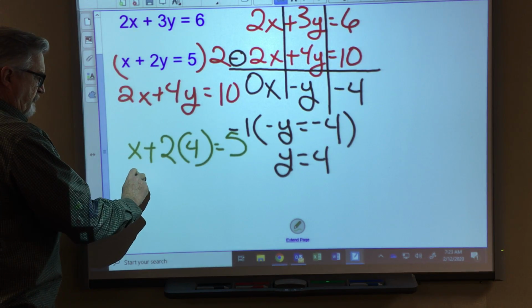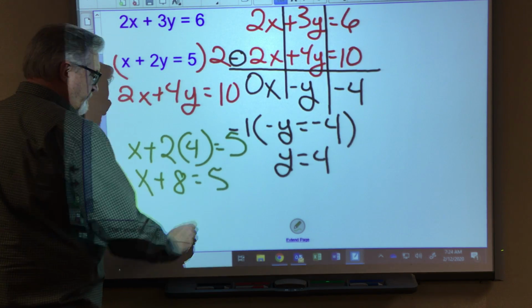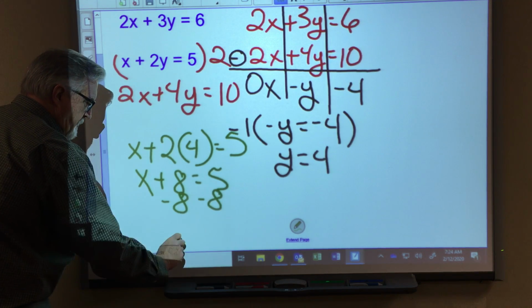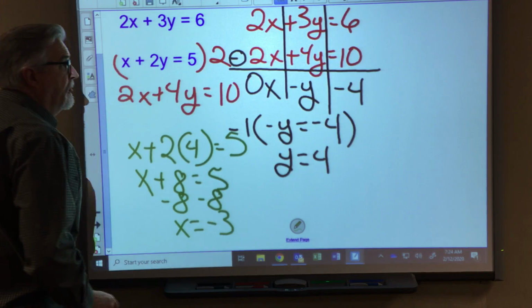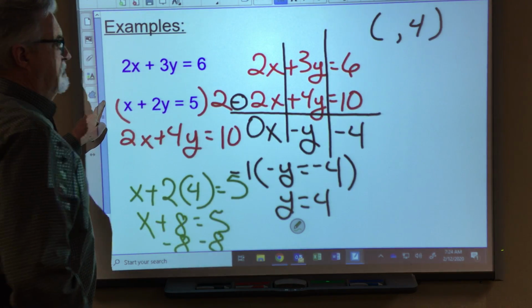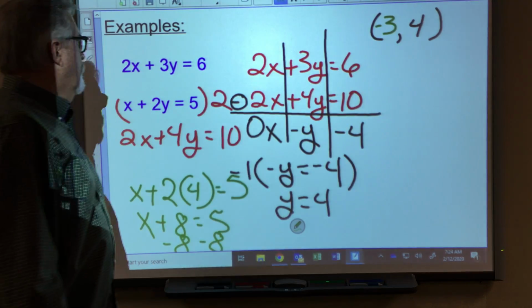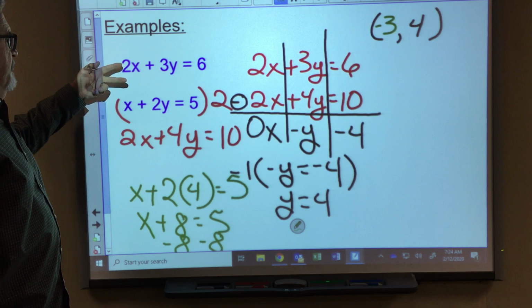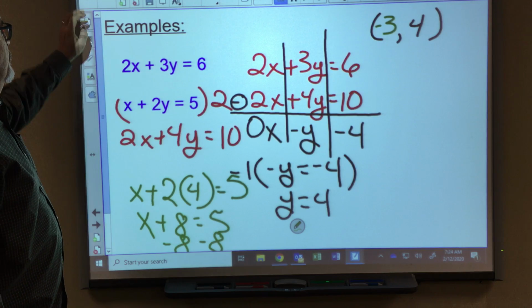So we simplify, which would be x plus 8 is equal to 5. Now we're going to subtract 8 from both sides, which leaves us with x is equal to negative 3. So the solution to this system of equations is negative 3, positive 4. We could go ahead and plug this in to check as we have in other videos, but for the sake of time, we're going to move on today.